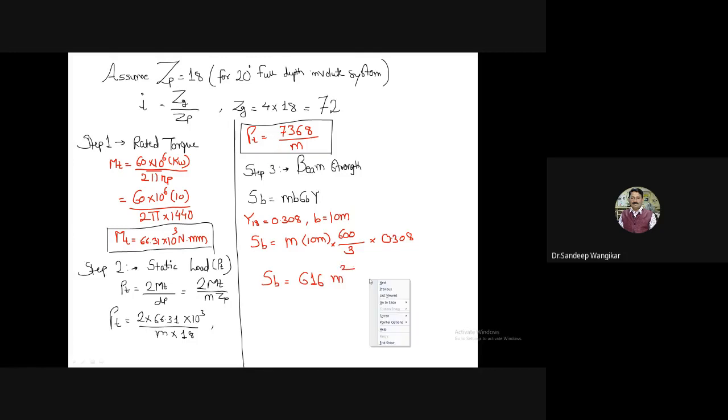This is not meter square, so don't get confused. I have left some space purposefully and written the unit, which is Newton, so there is no confusion that it is module square.